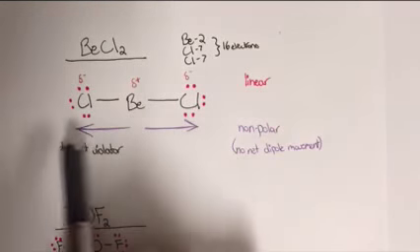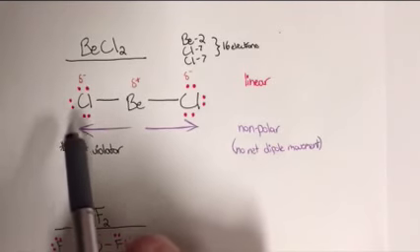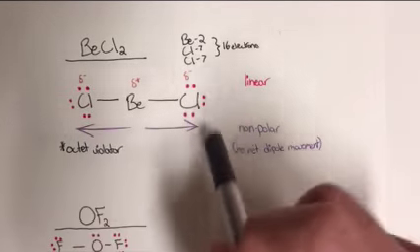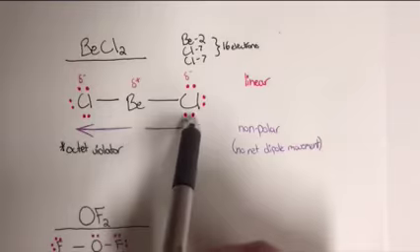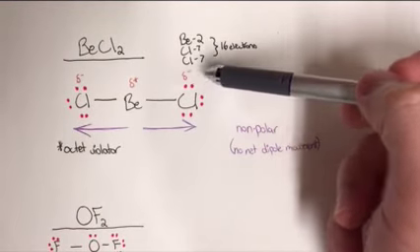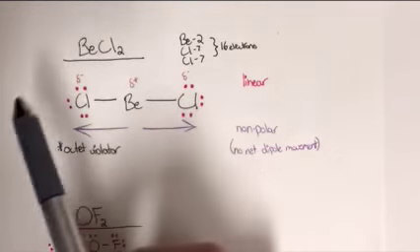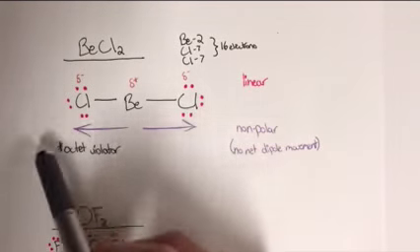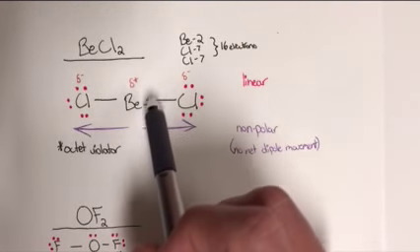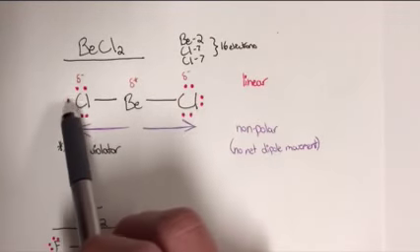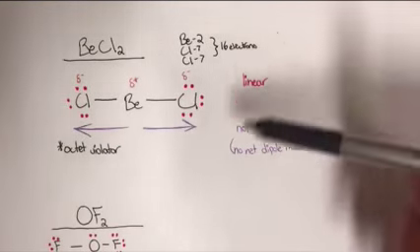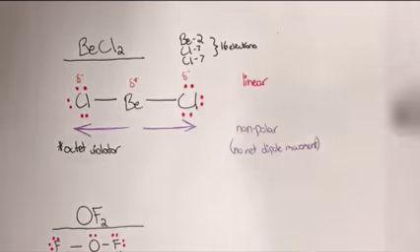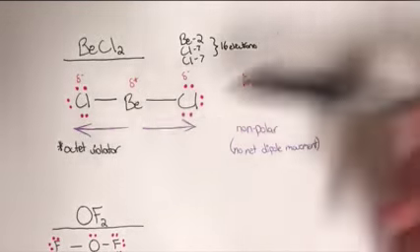So the electrons are going to move closer to these chlorine atoms, and that's why it has a partial negative charge, because the electrons tend to move in that direction. These bonds actually cancel out because they're going in opposite directions and they're the same atom, so equal force, same amount of electrons and everything. So they're nonpolar because they have no net dipole movement.